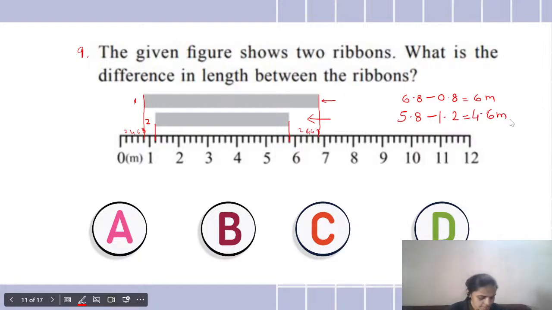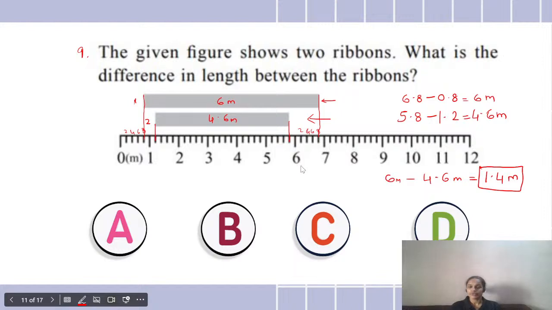So the length of the shorter ribbon is 4.6 meters and this is 6 meters. Now we simply find the difference. Difference means I subtract. So 6 minus 4.6 meters equals how much? I get 1.4 meter. So my answer is 1.4 meter. The difference between the two ribbons is 1.4 meter.